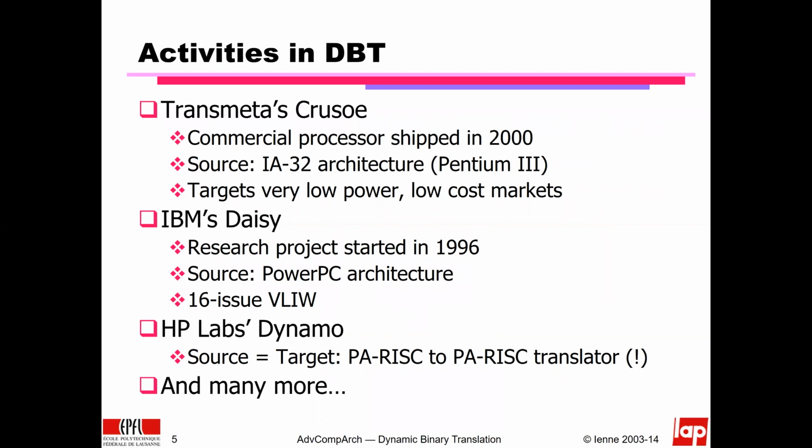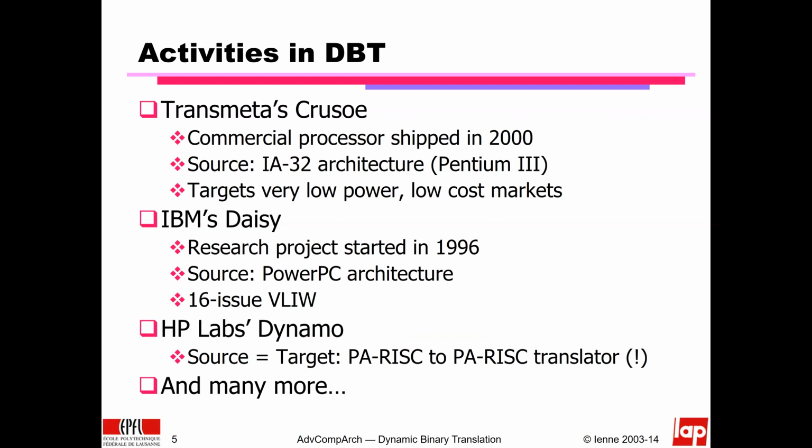So there have been quite a bit of activities in the field of dynamic binary translation, the solution that we will explore today. There has been a lot of attention in academia and in industry, but in a sort of academic research context.